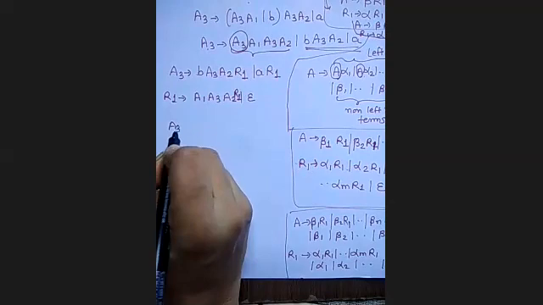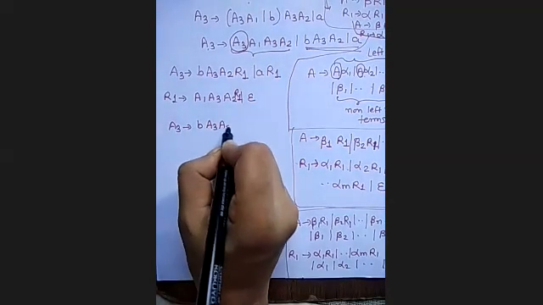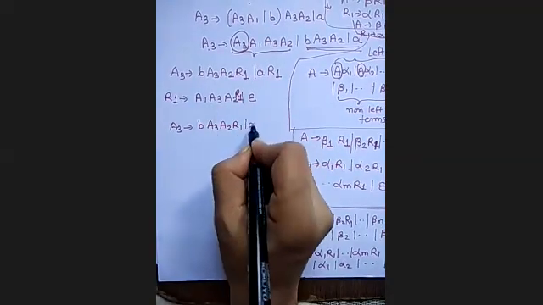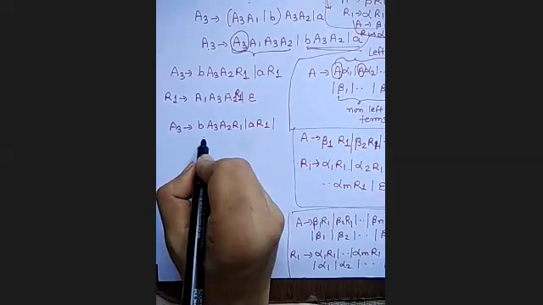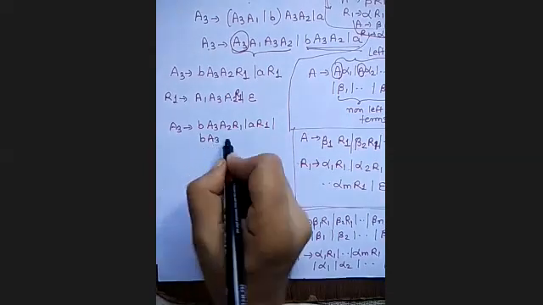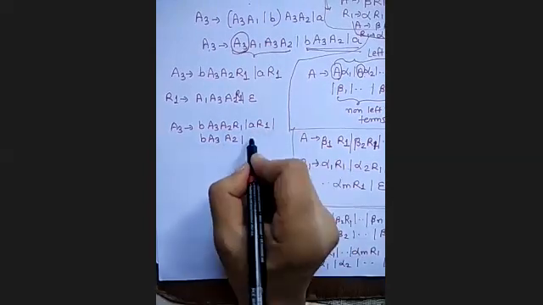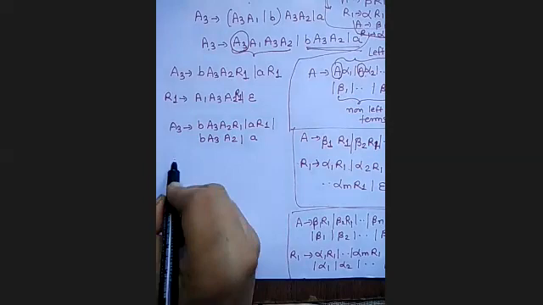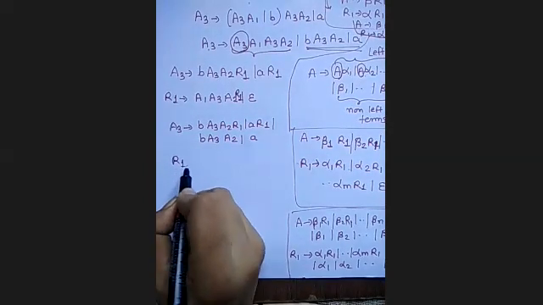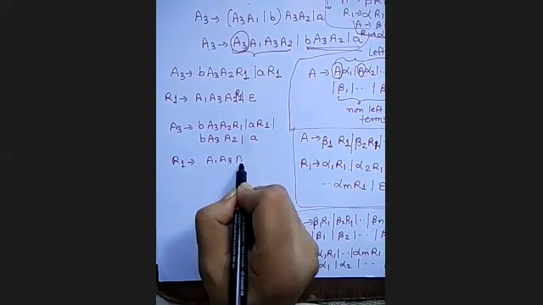Your new rules. A3 gives BA3, A2, R1 or AR1, this as it is. And R1 is a nullable non-terminal. So if I eliminate the R1, we'll get BA3, A2 for this first one. And for the second one, if I eliminate R1, you will get A. So this is for A3. For the R1, after eliminating the epsilon, you will get A1, A3, A2, R1.